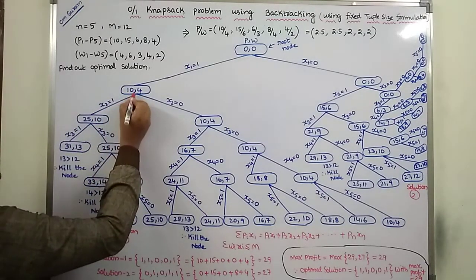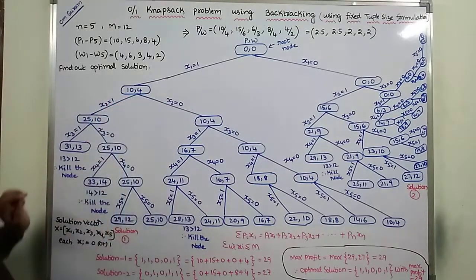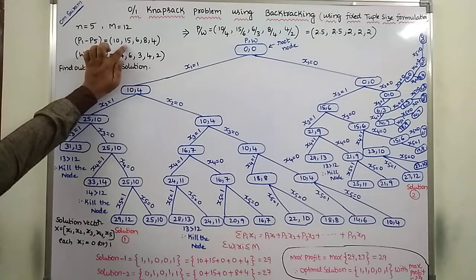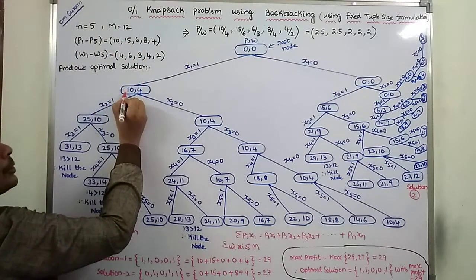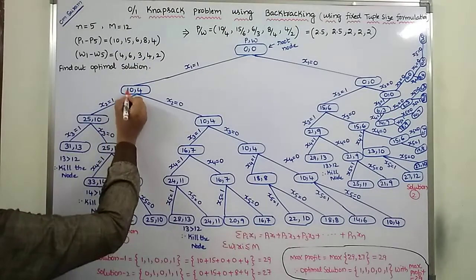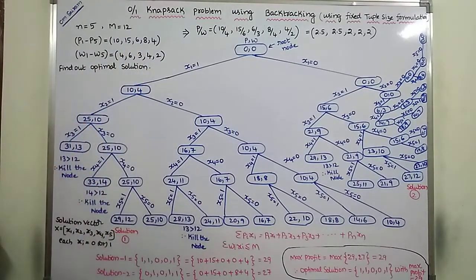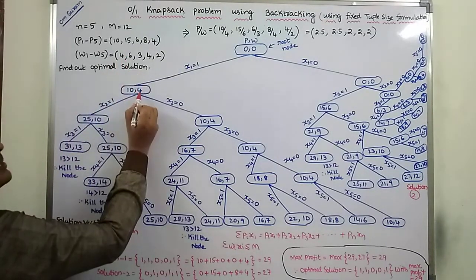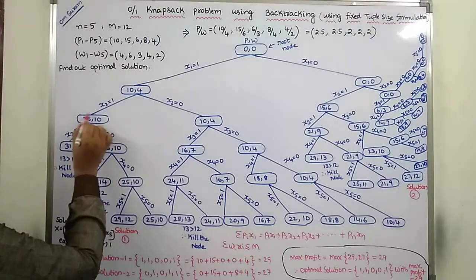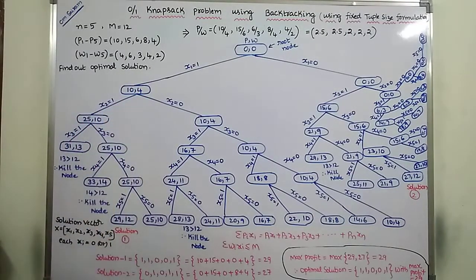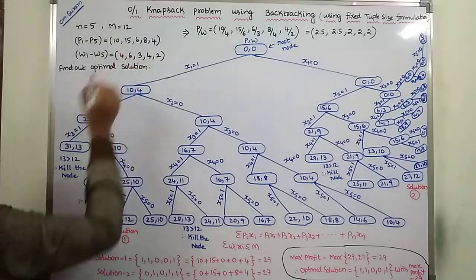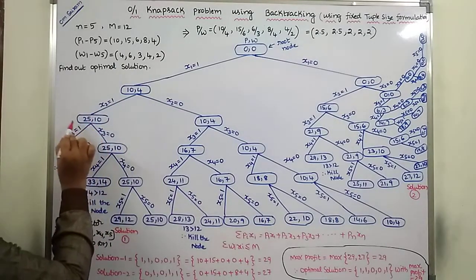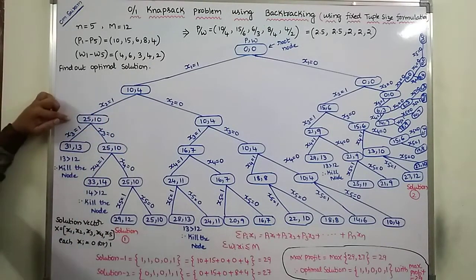Now we consider the second object, that is x2 equal to 1. The second object's profit is 15, which is added to 10. So 10 plus 15 is 25. The second object's weight is 6, so 4 plus 6 is 10. After considering the second object, this node contains 25 comma 10.